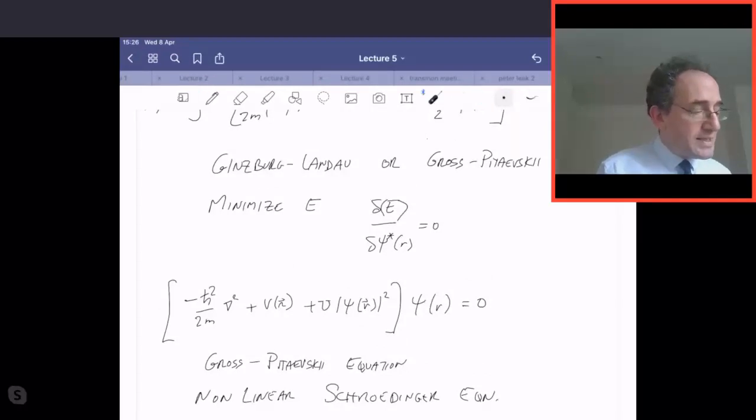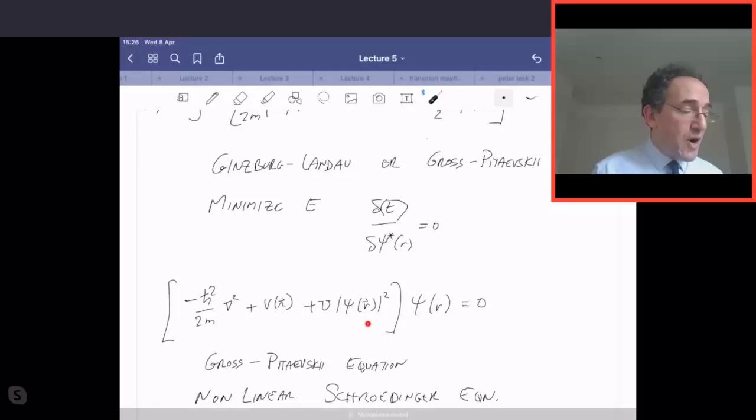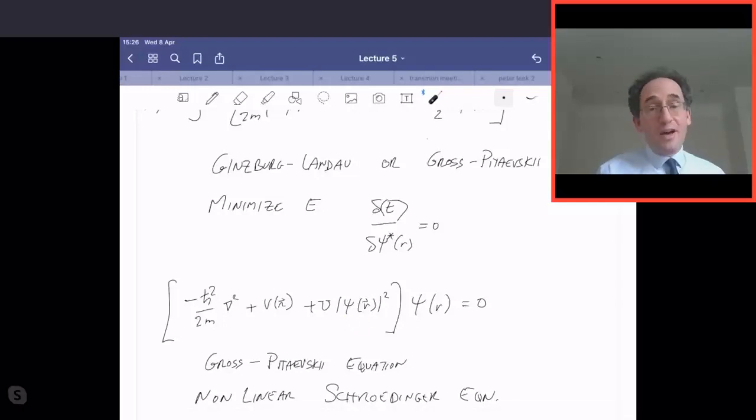Okay, this additional term here, this nonlinear term, which makes it the nonlinear Schrödinger equation, is the effect of the interaction. It tells you that the potential is higher in regions where there are already other bosons. If there are bosons in some region, that means the wave function is large in that region, and the interaction of the one boson with the many other bosons already sitting there gives you this additional term, U times basically the density of bosons already sitting there, and it raises the potential in that region.